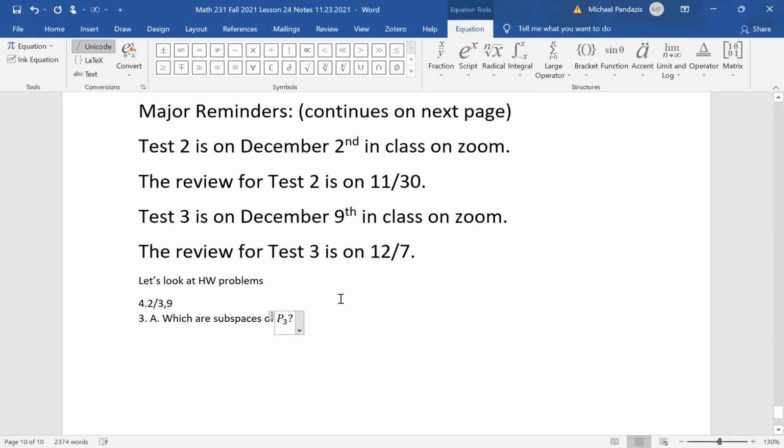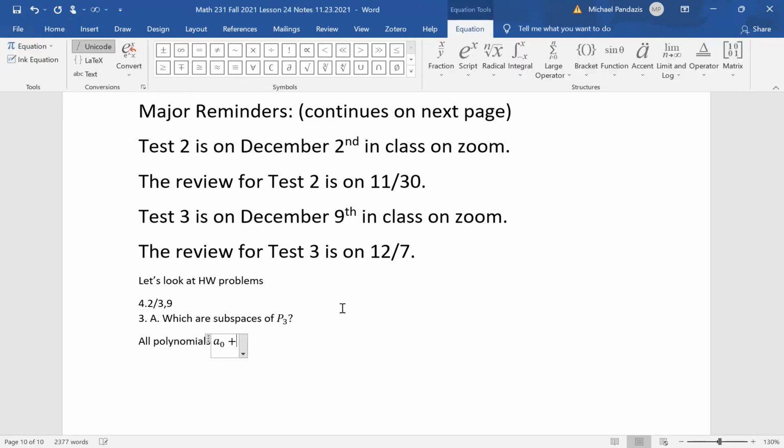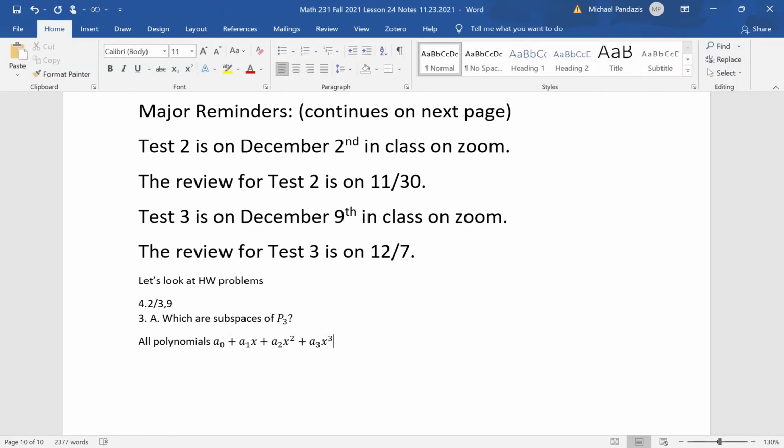Okay, and A says all polynomials a naught plus a1x plus a2x squared plus a3x cubed, for which a naught is equal to 0.